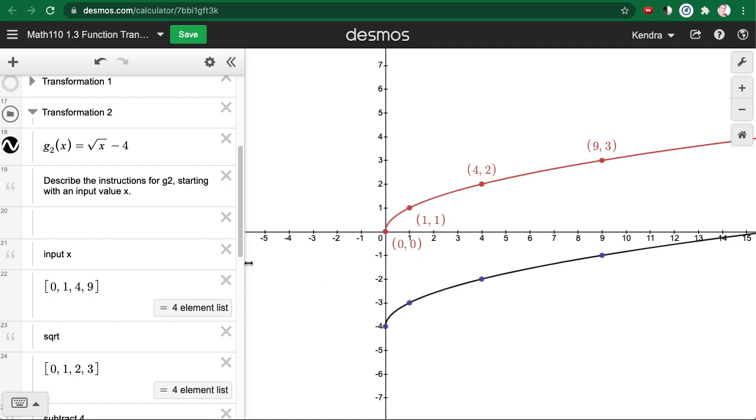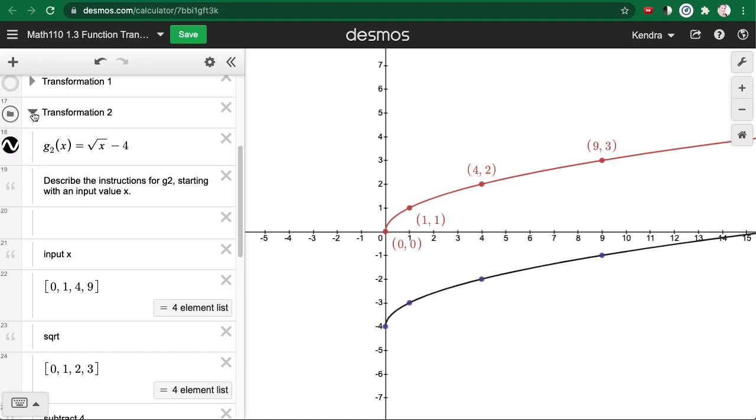So in this transformation, we've taken our x, applied our base function, which is a square root, and after we applied our base function, we subtracted 4. The effect of this is that it subtracted 4 from all of the y values. So it shifted the graph down by 4, or shifted the graph vertically by negative 4 units.